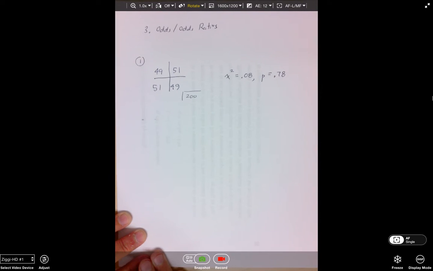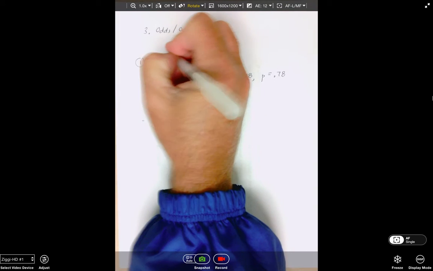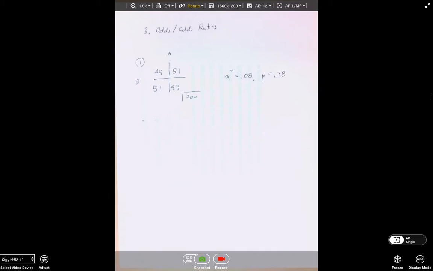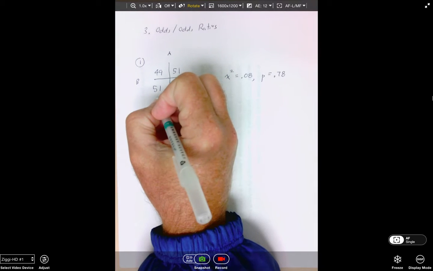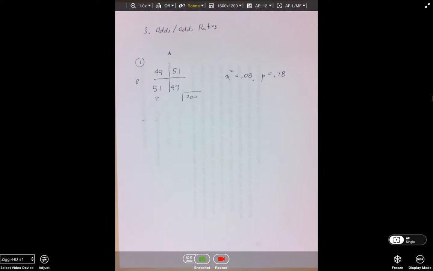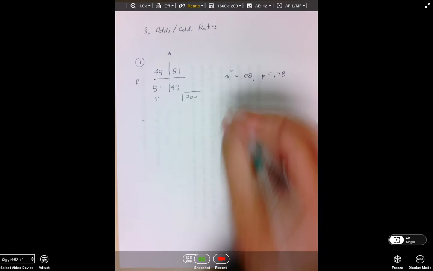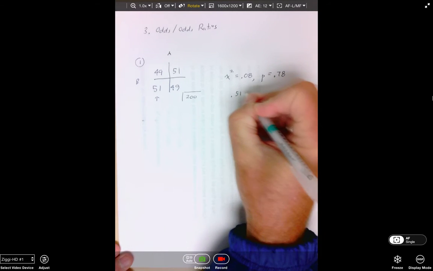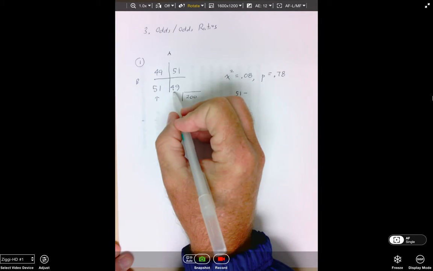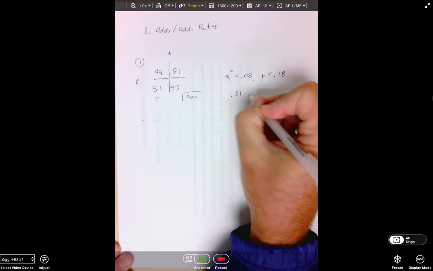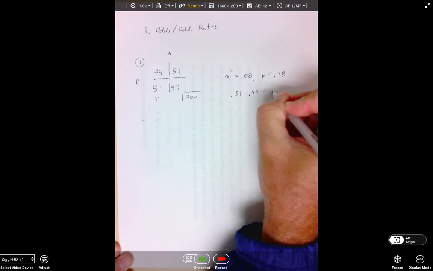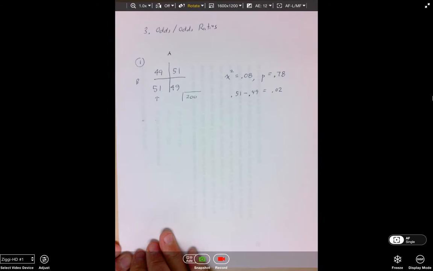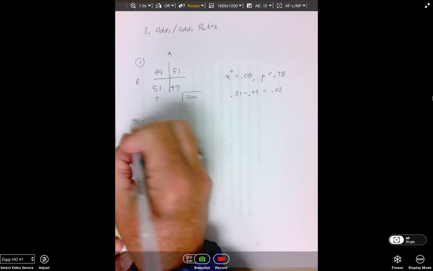No relationship between, let's just call it categorical variable A and categorical variable B. But if we look at the difference of proportions, we have 51 divided by 100 minus 49 divided by 100. We get 0.02. All right?